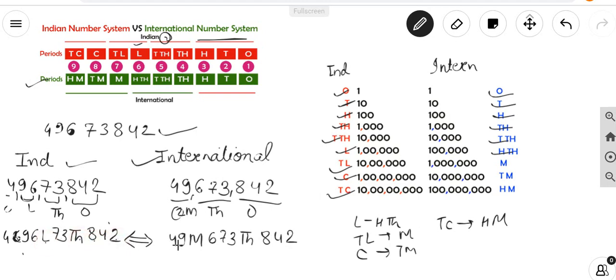But in the international number system we will read it as 49,673,842. Is that clear?